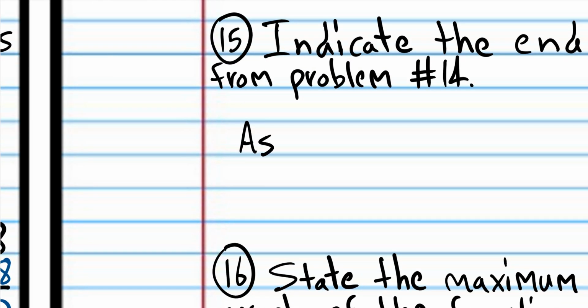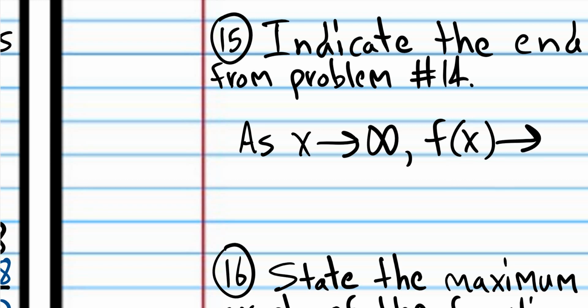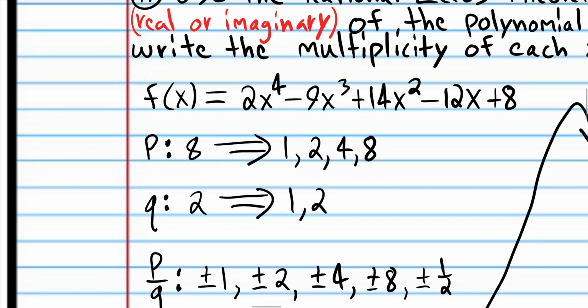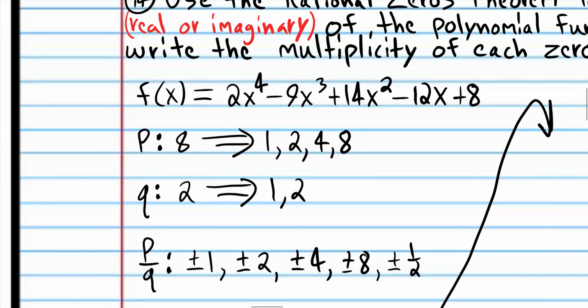So as x approaches infinity, meaning as x gets really big, what's going to happen to f of x, the y values? So if we plug in a really big x value and raise it to the fourth power, we get a bigger value. And if we multiply it by 2, we get an even bigger value.